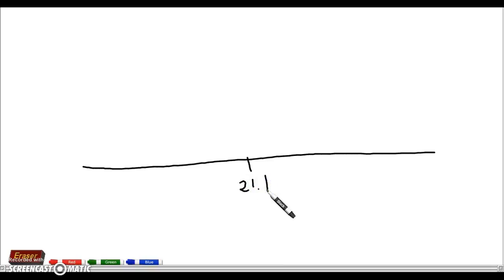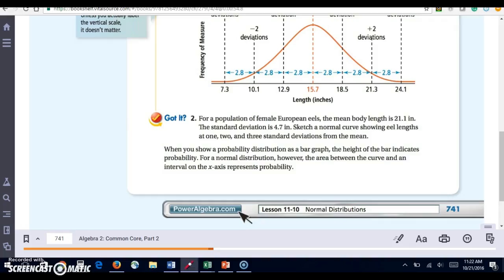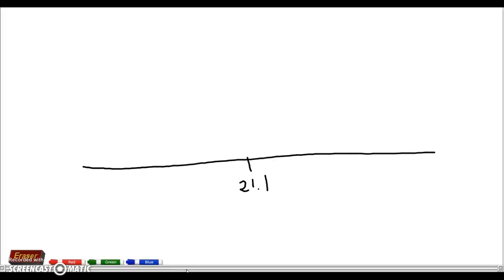Okay, and so I know that the first length is going to be 4.7 away from that. I have to look at the number again, I'm sorry. And so I'm going this way and going that way.